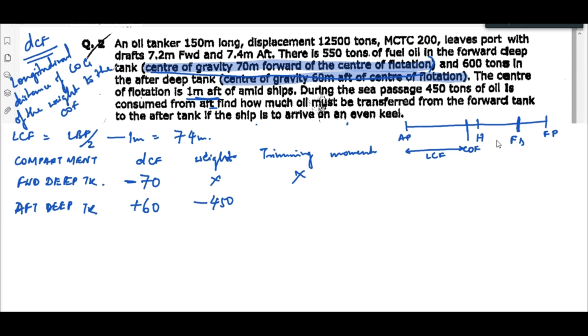The chance of making a mistake is very, very high. Here we are doing it everybody together. In the exam, you'll be doing it alone. We can always jump steps, but the idea of having steps is to make sure that your mistake is minimized.